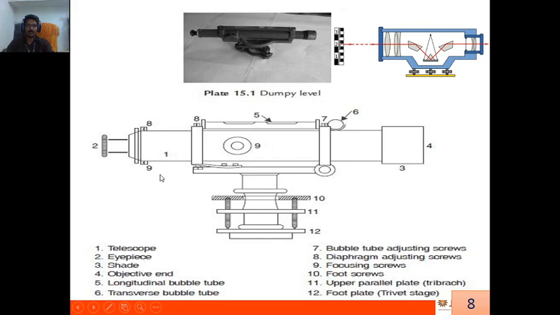One is the telescope eyepiece. This is the eyepiece. Three is the shade to avoid excess sunlight or shadow. Then the objective end, the longitudinal bubble tube at the top, and the transverse bubble tube in the front.